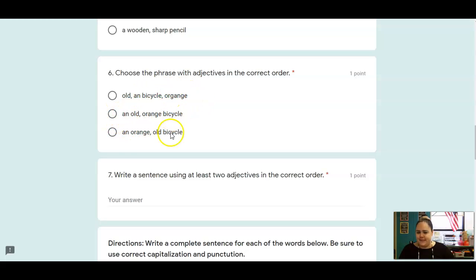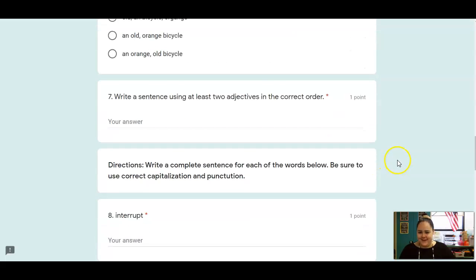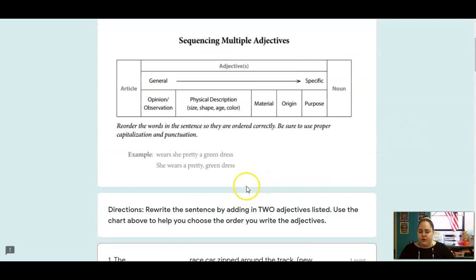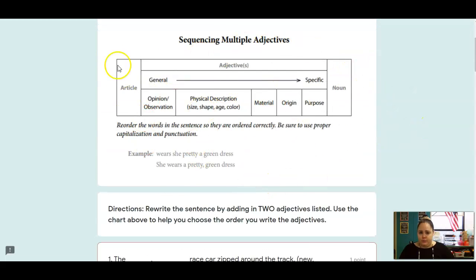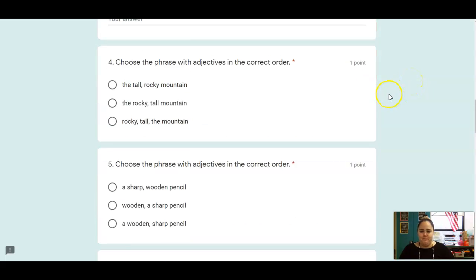An old orange bicycle, an orange old bicycle. And then number 7, you're going to come up with any sentence you want that uses 2 adjectives in the correct order. So again, refer to this chart to help you. And if you need any help, hop onto Zoom so we can help you out, okay?